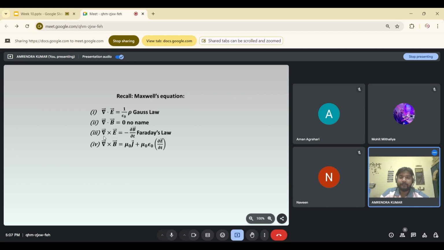So it has no name, and del cross E is equal to minus del B over del T. That's Faraday's law. So this is changing magnetic field generates an electric field, and then you have this del cross B is equal to mu 0 J plus mu 0 epsilon naught del E over del T, where changing electric field generates a magnetic field.